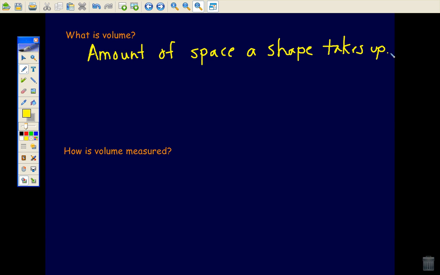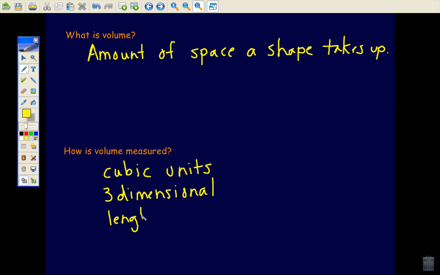And we do measure volume in cubic units because it is three-dimensional. The three dimensions that are covered in volume are length, width, and height.